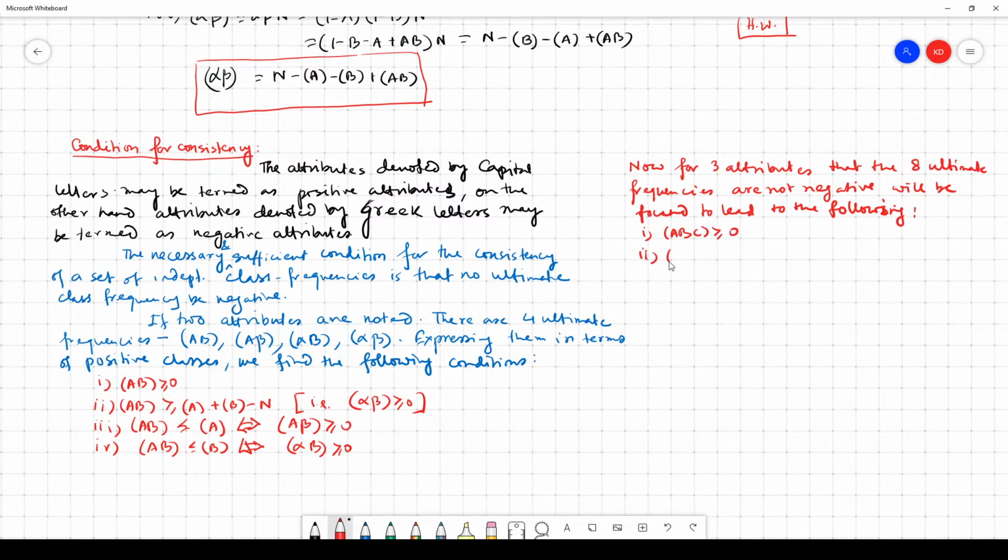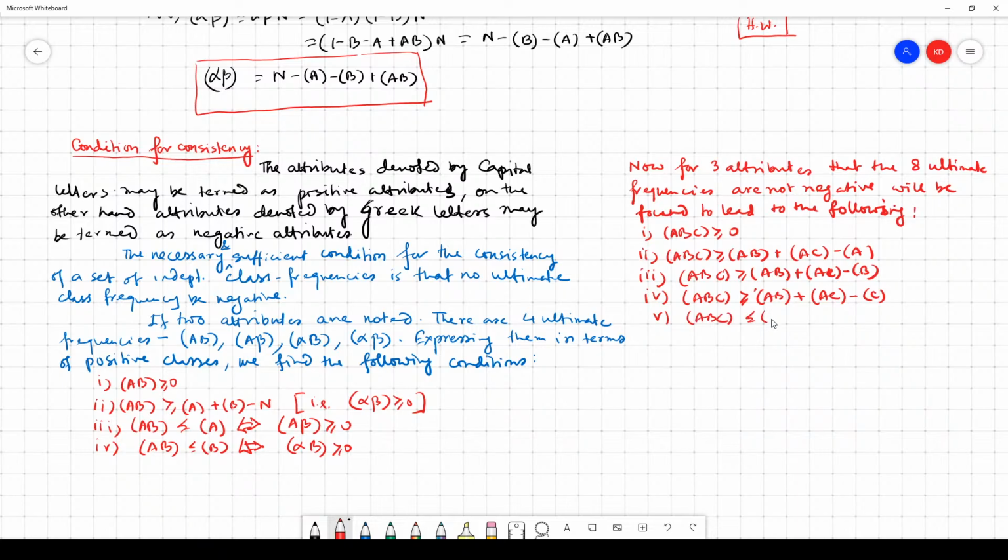Second, ABC greater than or equal to AB plus AC minus A. Third, ABC greater than or equal to AB plus BC minus B. Fourth, ABC greater than or equal to AC plus BC minus C. Fifth, ABC less than or equal to AB.